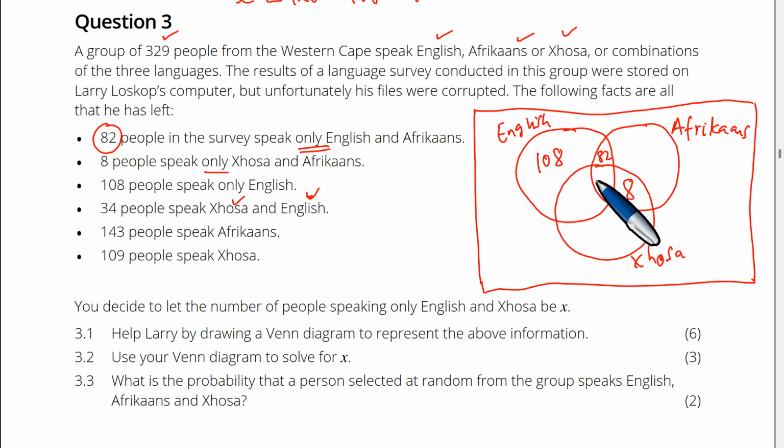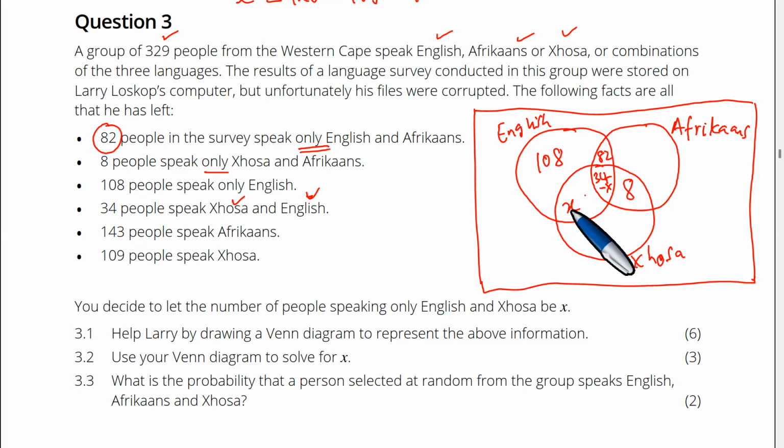So if these must become 34, you have a way to distribute these. You can say the following: if 34 people speak Xhosa and English, you can put them in any way. So you can put here, for instance, x, and then this one is 34 minus x.